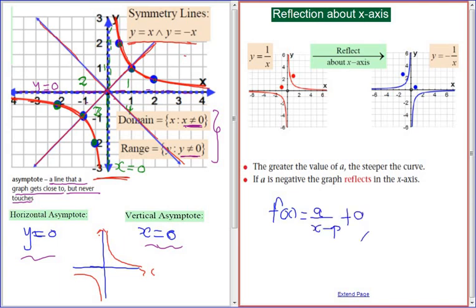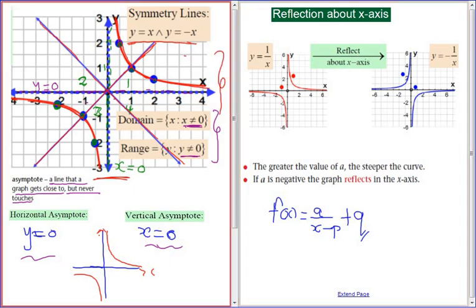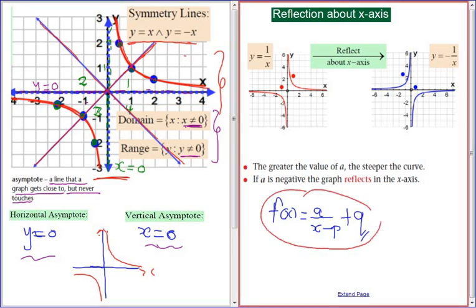So this basic graph that we had over here is going to be shifted up and down, left and right, and we're going to actually reflect it every now and then. And that will be the effect of these parameters that we added, the parameters such as A, such as P, and Q. So each one does something to this graph.